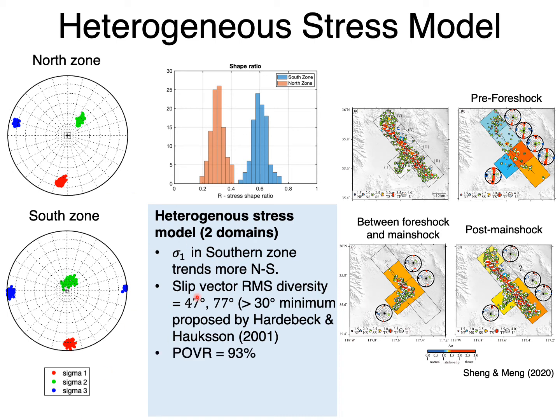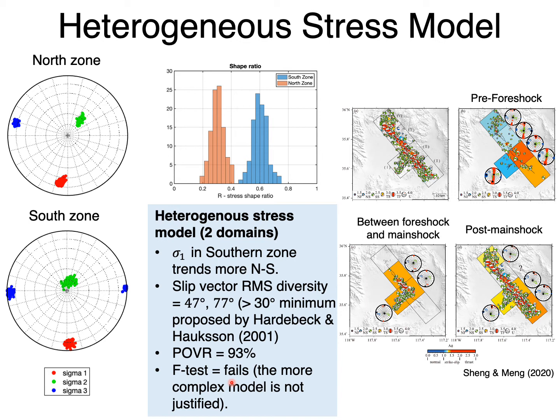But one thing we found is that this heterogeneous stress model or two domain stress model only provides an increase of 1% of the percent of variance reduction over the previous model, which was 92%. And it doesn't fail it.